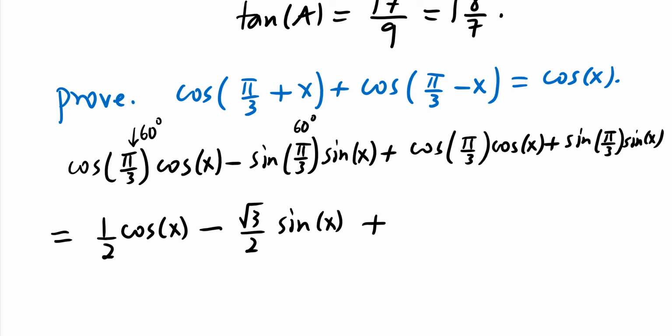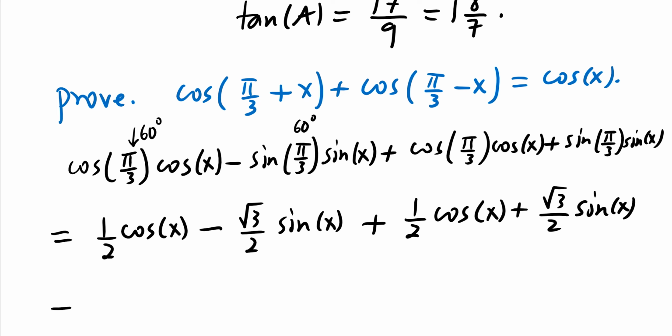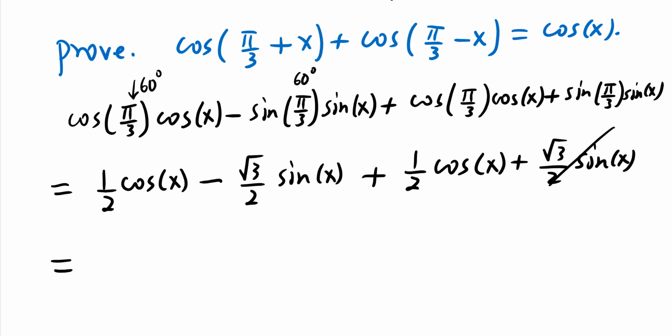I can use the same as before. It's 1/2, and this is root 3 over 2. Now we combine what we call like terms. This cancels this. 1/2 plus 1/2, it's 1. 1 cosine x. And that's what we were asked to prove.